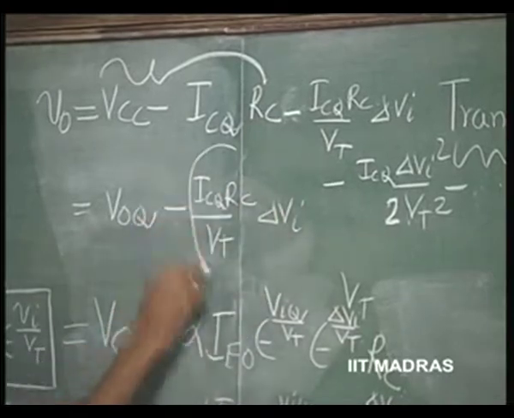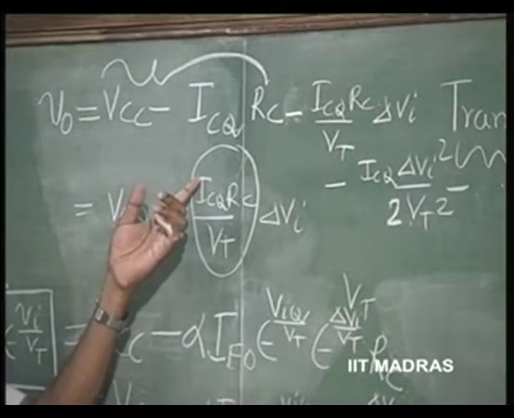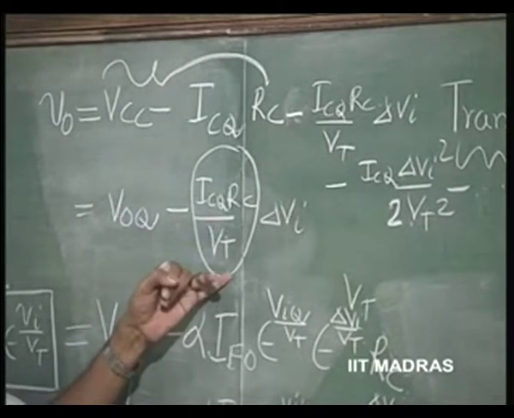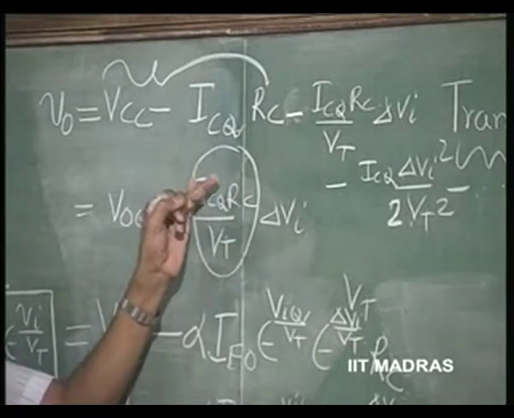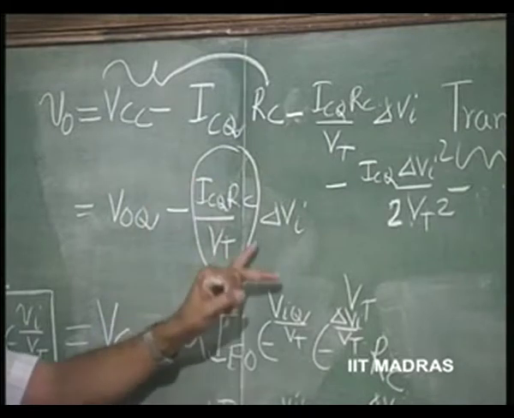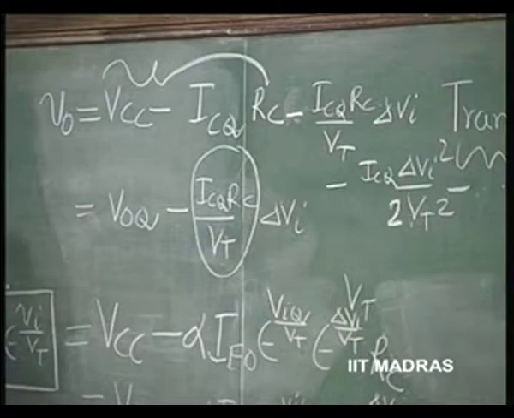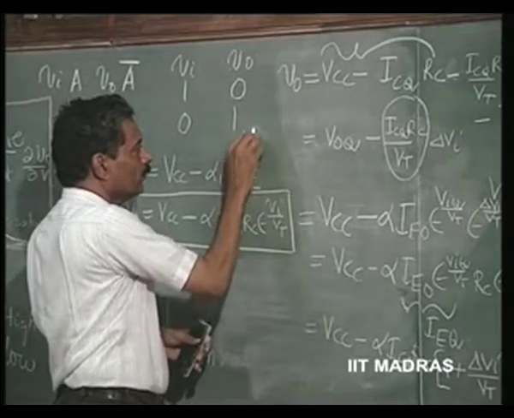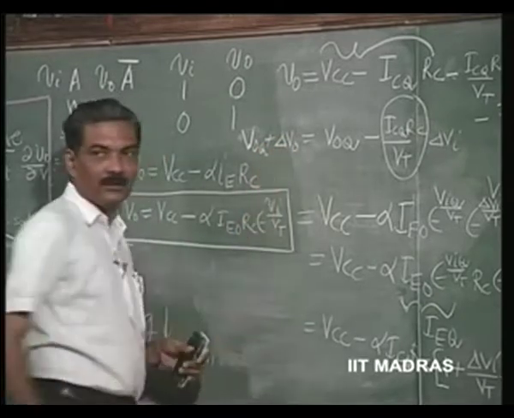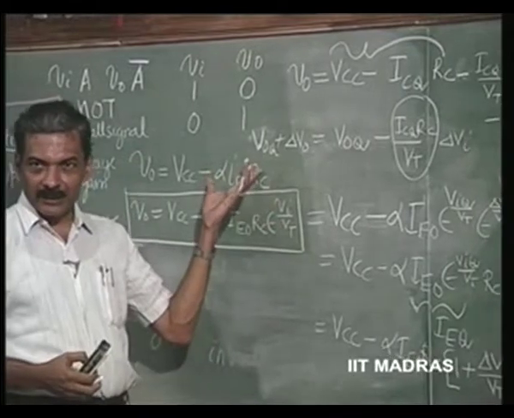This is an important parameter. What is that? This is some constant. ICQ RC is voltage, VT is voltage. So, this is a constant. This is called the amplification factor or the gain, into delta VI. This is going to be therefore V naught Q plus delta V naught. Because of applying delta VI, there is a delta V naught at the output.